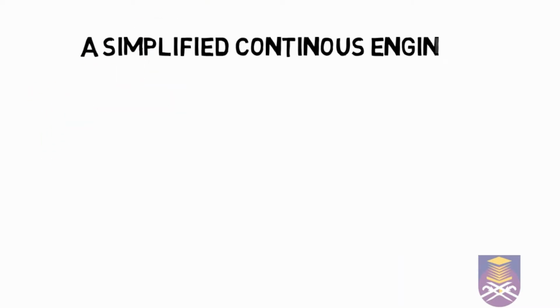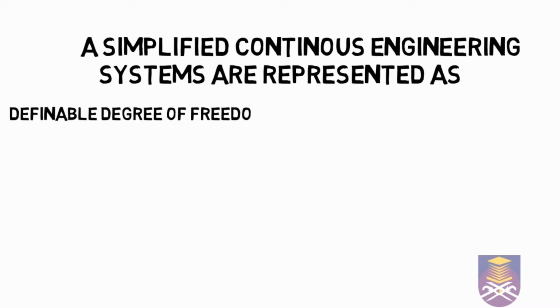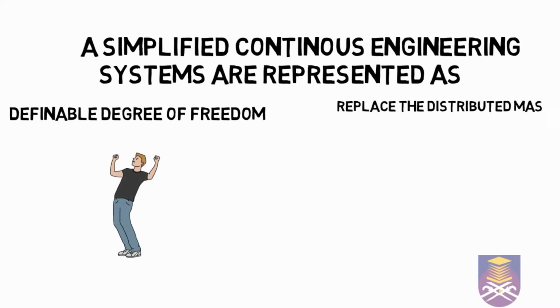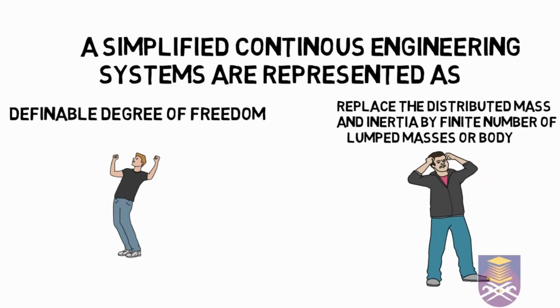Therefore, simplified continuous engineering systems are represented as a definable degree of freedom. Replace the distributed mass and inertia by a finite number of lump masses or bodies.